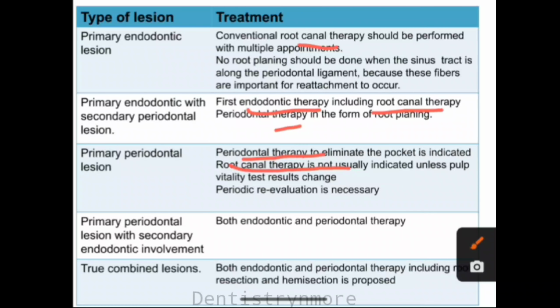For primary periodontal lesion with secondary endodontic involvement, the treatment includes both endodontic as well as periodontal therapy. And the last one is true combined lesion, which also includes both endodontic and periodontal therapy, including root resection, and hemisection is also proposed. So these are the types of endo-perio lesions and their treatment.